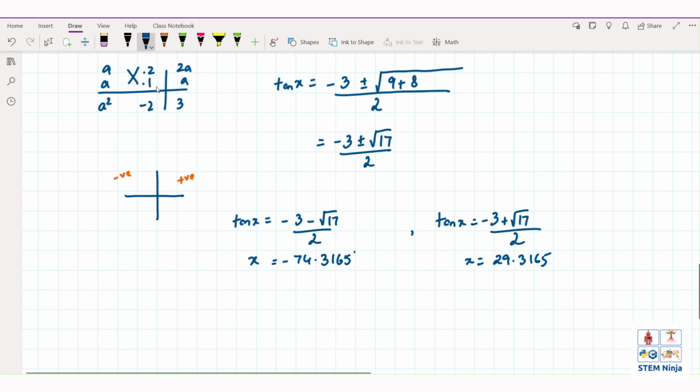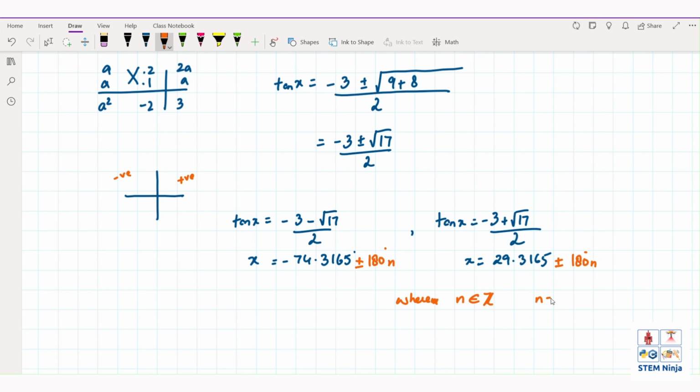Now, tan has a periodicity of 180 degrees. So this is plus minus 180n, and this is also plus minus 180 degrees times n, where n would be any integer.